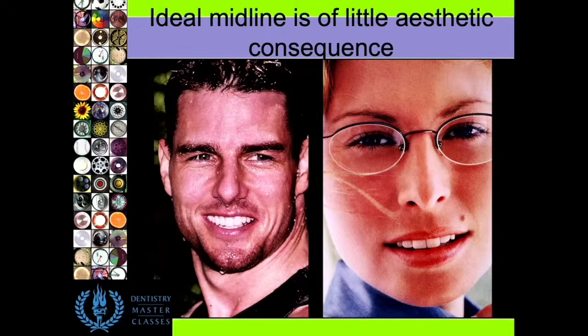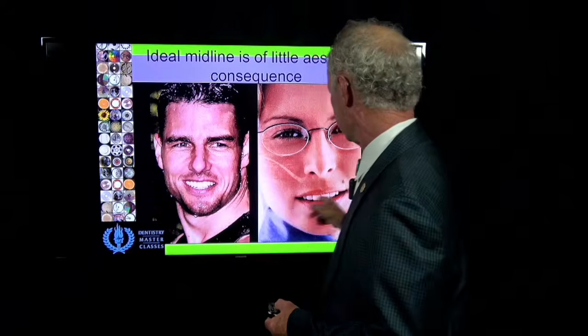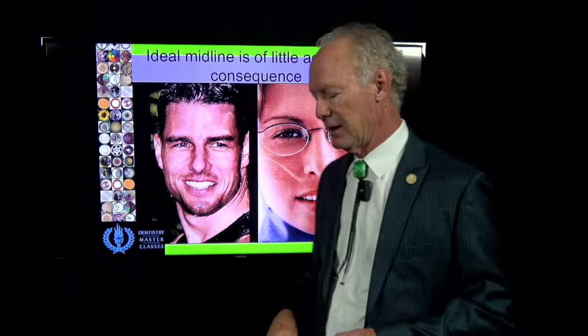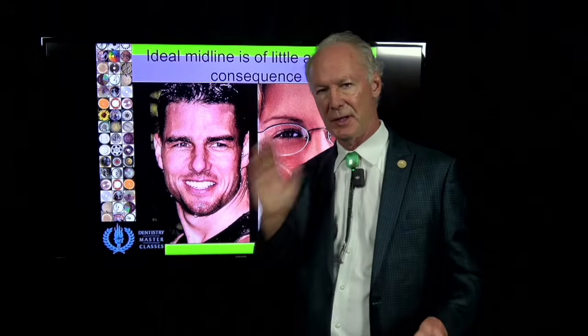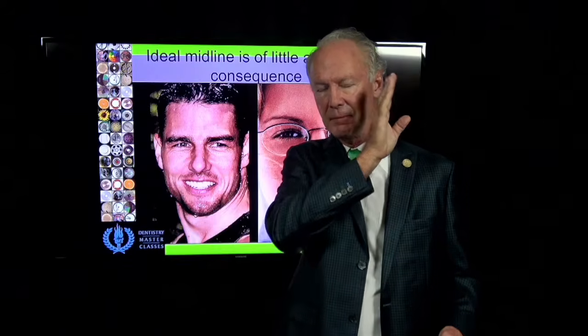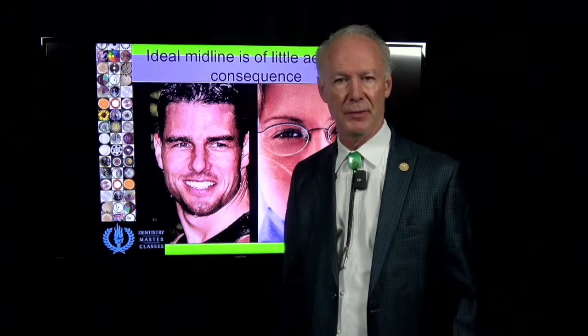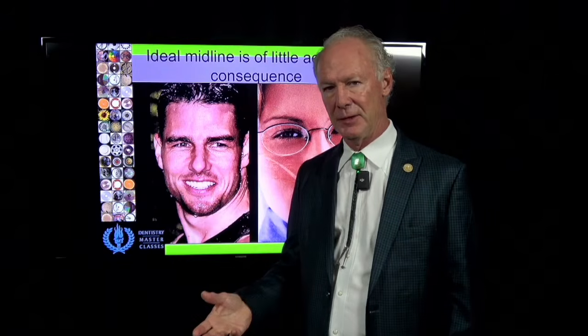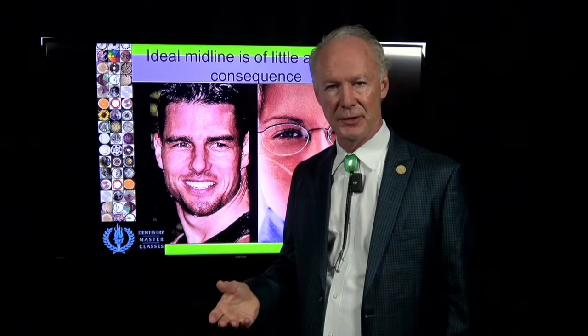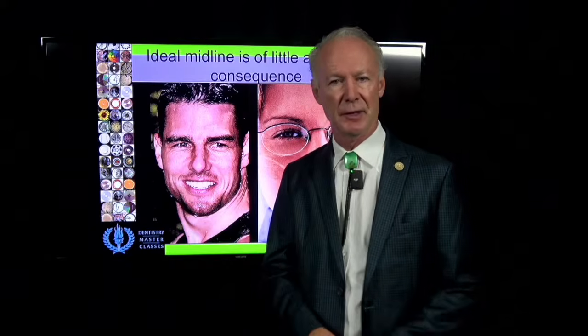Ideal midline is of almost no aesthetic consequence, meaning the midline being in the middle of the face. Studies have shown that a regular person doesn't notice a midline being off-center until it's about 4 millimeters off. And even dentists and orthodontists don't notice it until it's 2 to 3 millimeters off.